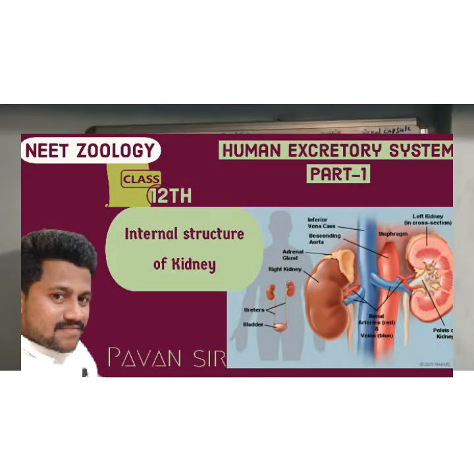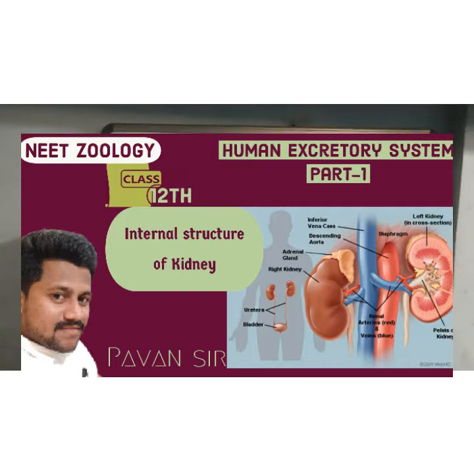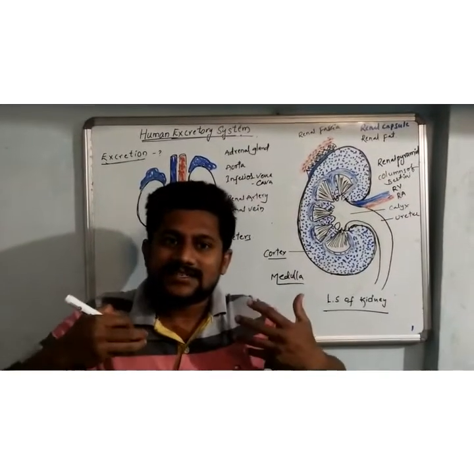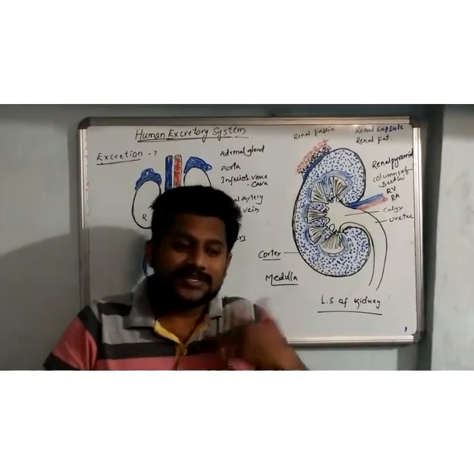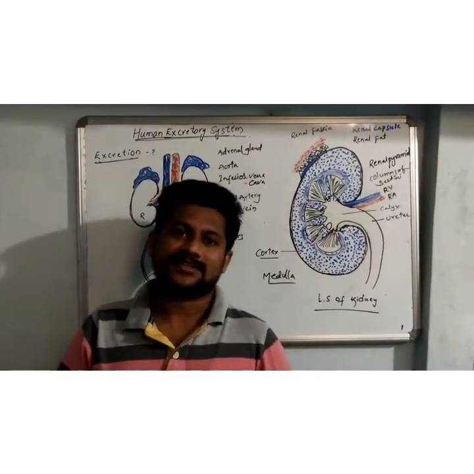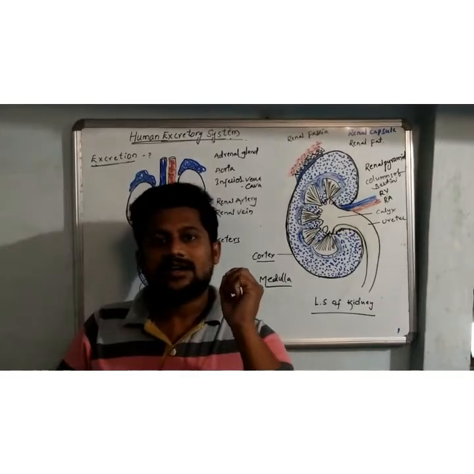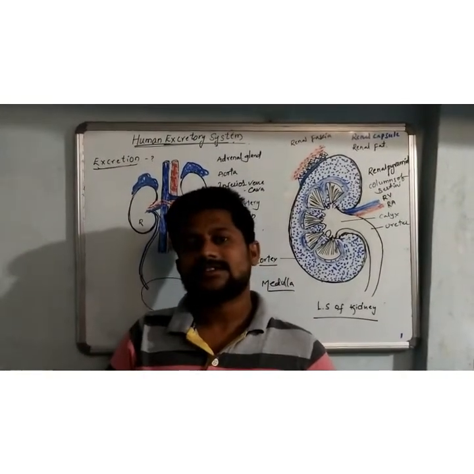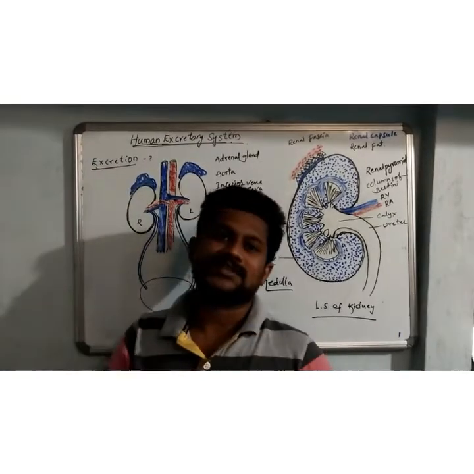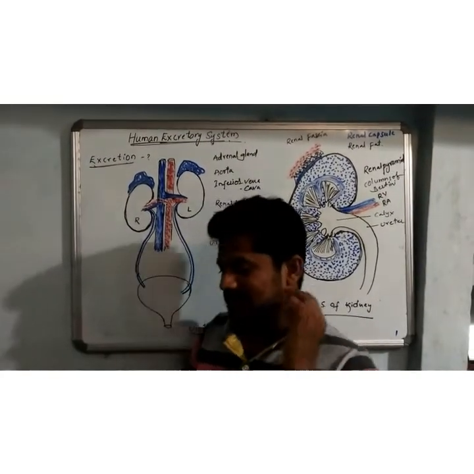What is metabolic waste? It means the waste materials produced due to metabolic reactions in our body or in an animal's body. Those are the metabolic waste materials. If these waste materials accumulate in our body cells, it causes cell death.